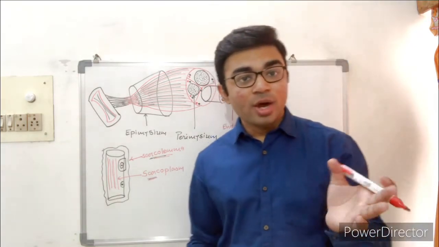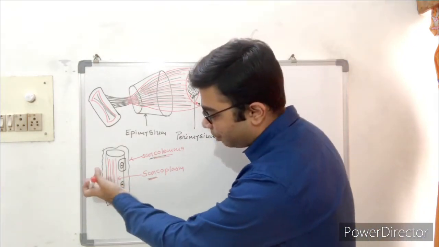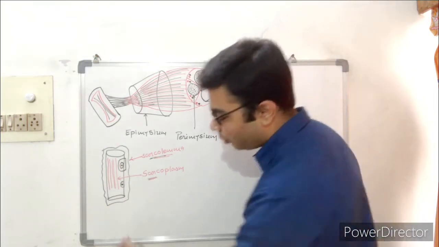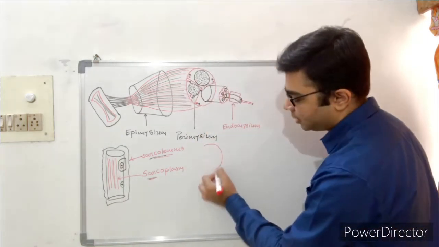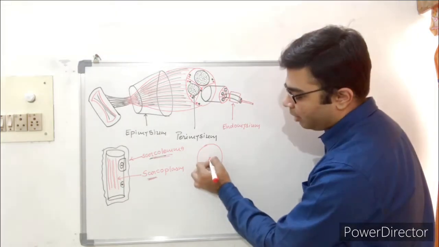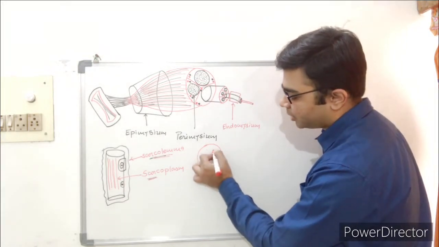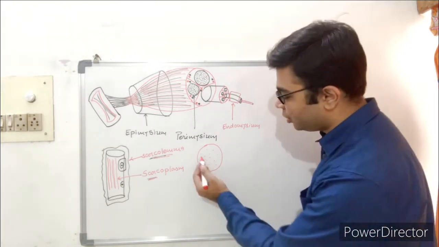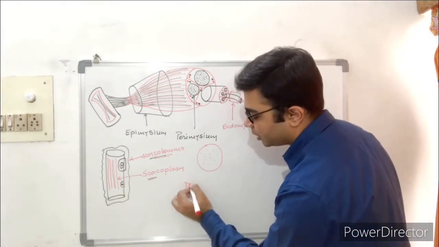So when you cut this typical muscle fiber and look at the transverse section, you would only find some dots present inside the sarcoplasm. So these dots are actually the myofibrils.